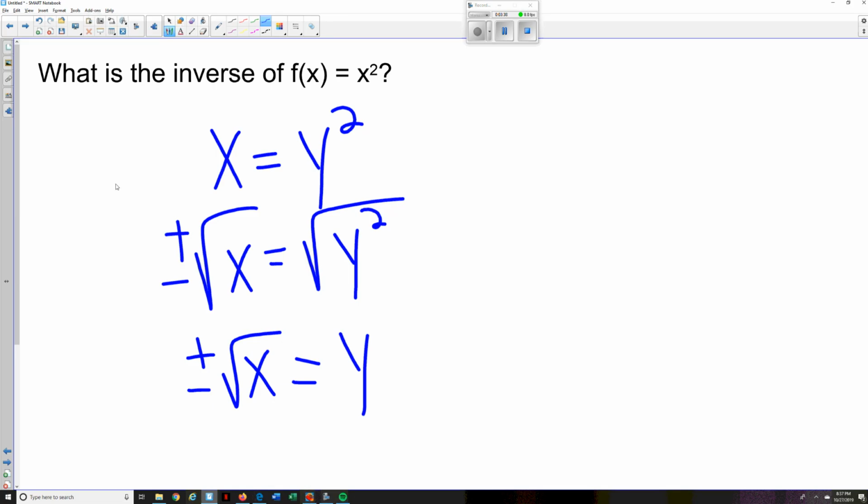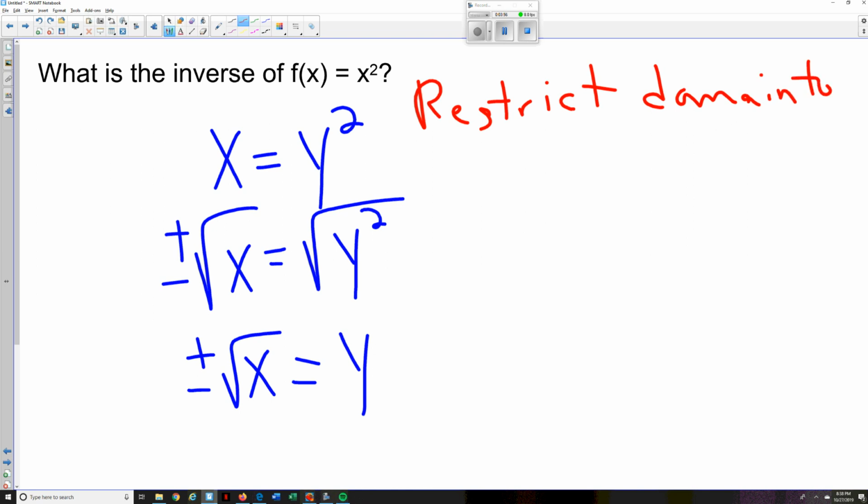Again, like I said, we haven't done anything wrong, but we cannot find this inverse. We must restrict the domain to 0 to infinity. That's an infinity sign there.